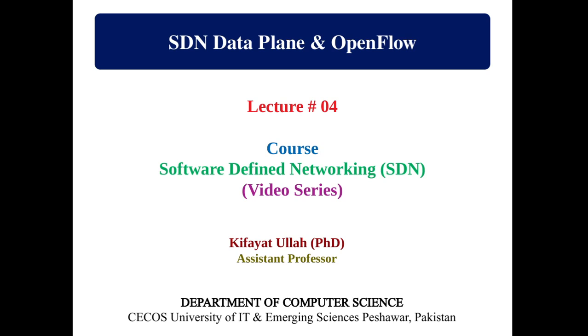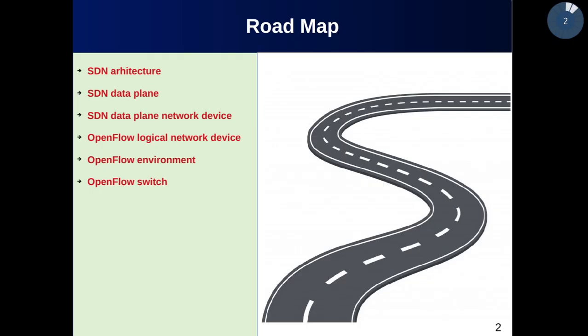So the contents for this lecture are as follow. First, we will have a recap, a quick overview of the SDN architecture that we have seen in the previous lecture. Then we will focus on SDN data plane, what it is and what are the components inside the data plane, and also different type of tables that are actually used in OpenFlow.